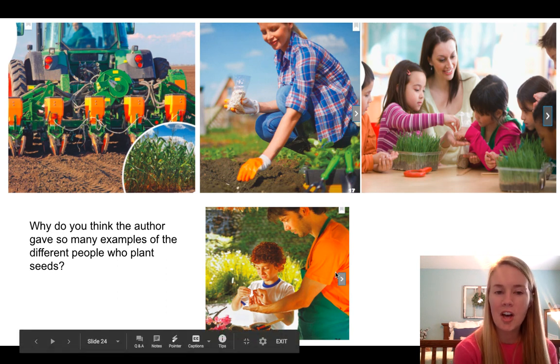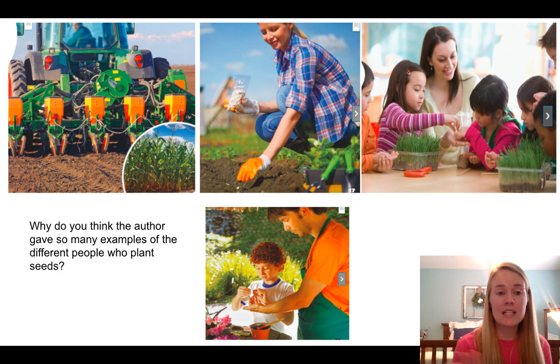Why do you think the author gave so many examples of different people who plant seeds? This is a deep thinking question. Why did the author give so many examples? Do you know? If you said because they want the readers to realize that the only person that plants seeds isn't a farmer and it isn't just a gardener, anybody can plant seeds.